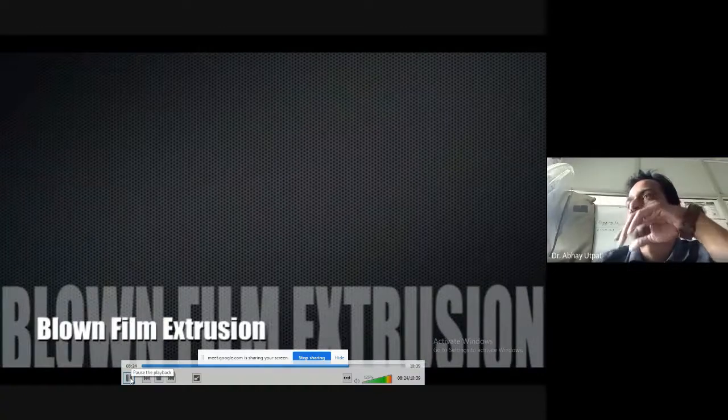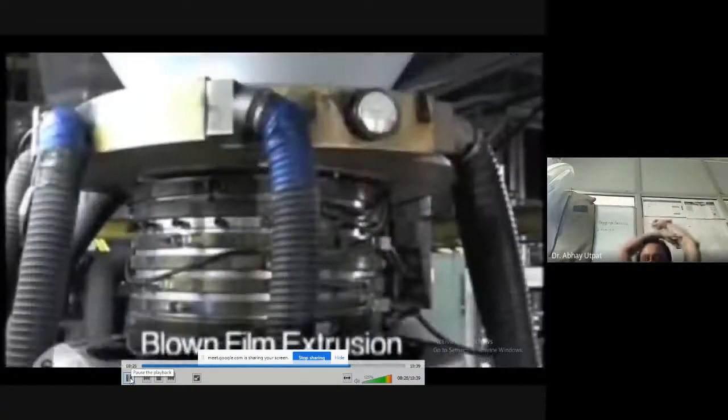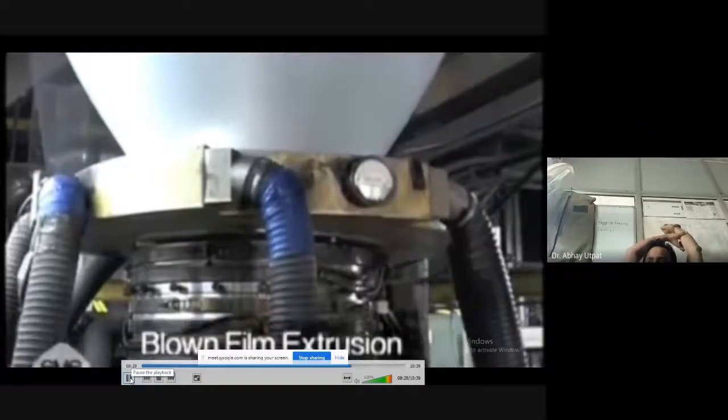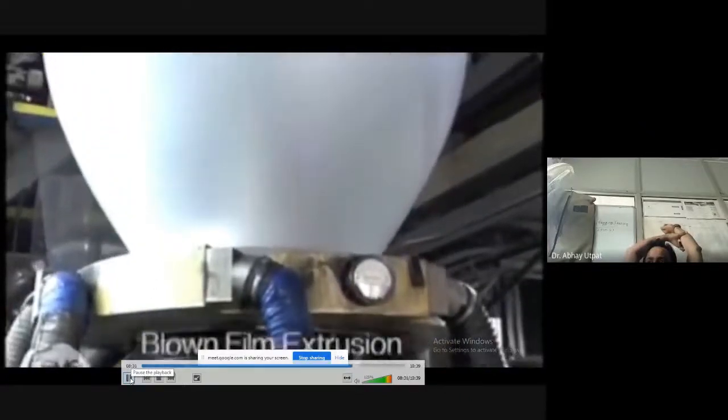Blow film extrusion. See, now this is a film. Whatever white product you are observing is a film produced by blowing.